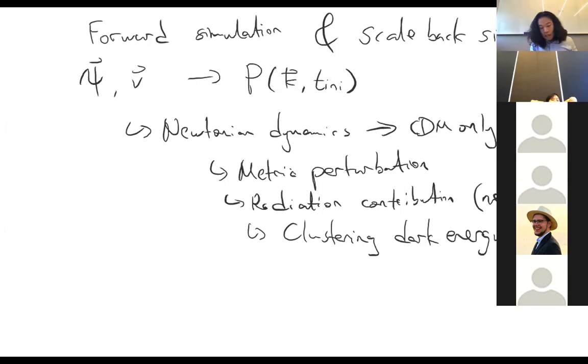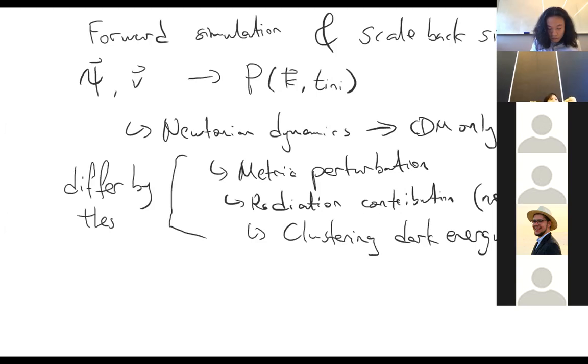Whatever it is, all of these things are not included in the Newtonian dynamics that we are running the simulation forward with. So if I start the simulation with a power spectrum at the initial time given to me from class or CAMB, and I move it forward with CDM only, it's going to be different to the power spectrum that I calculate from linear theory because they would be different by these contributions.